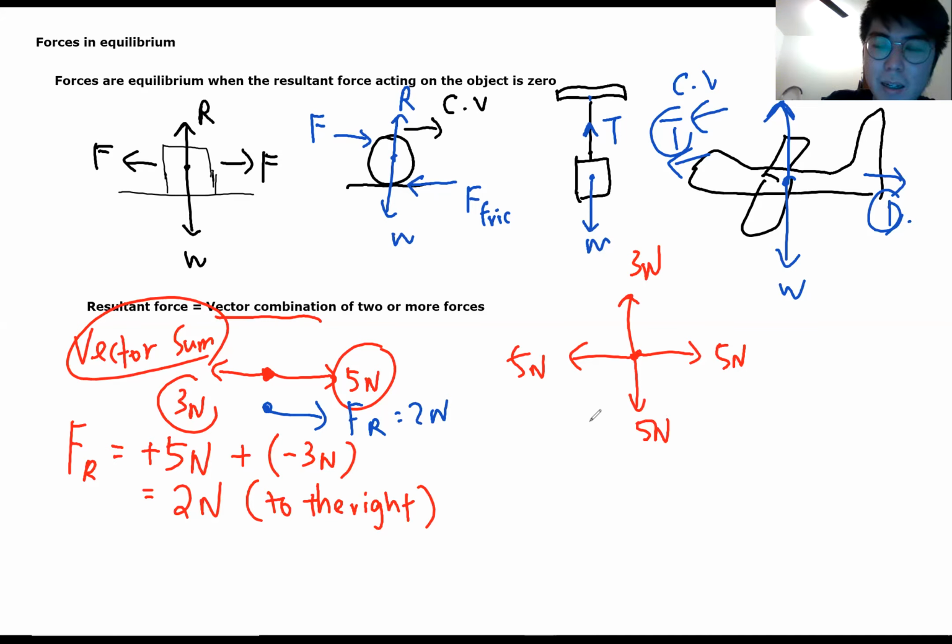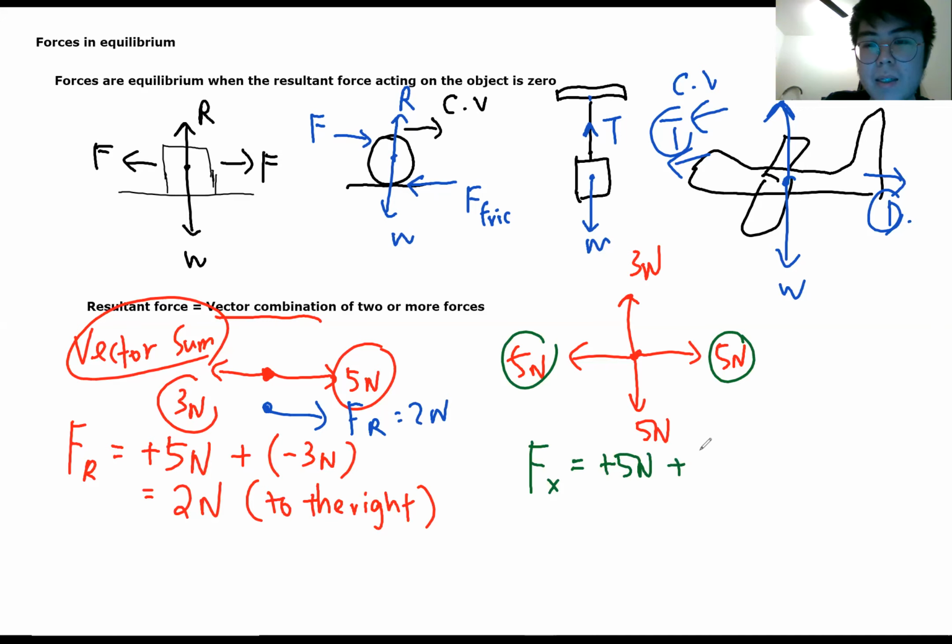Let's take the horizontal direction first. So we write Fx, 因为它在 x-axis 嘛 horizontal. Fx equals to, you have 5N and 5N. So one is positive 5N, and then plus minus 5N. You can straight away write minus lah, it's the same. So you get 0N.